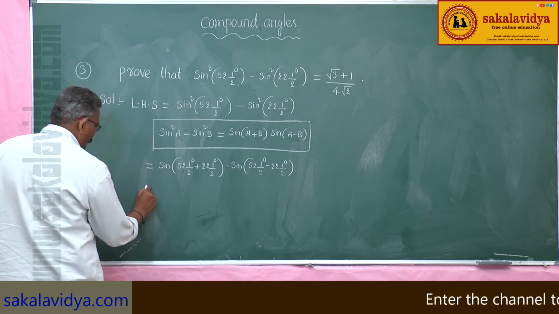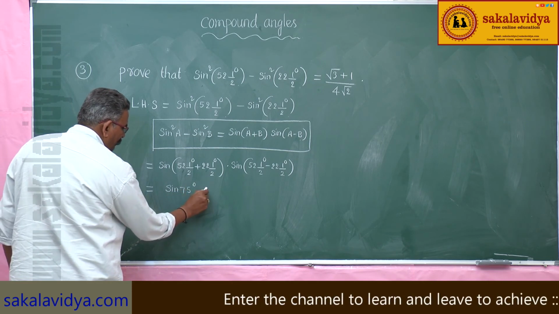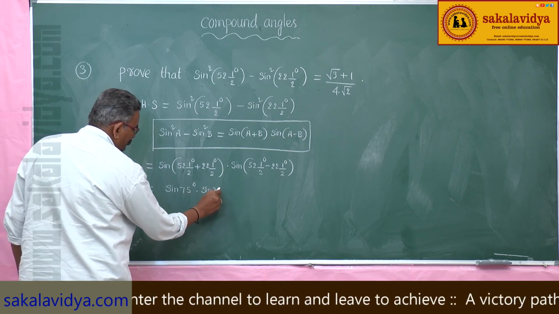So, we have sin 75 degrees into sin 30 degrees.